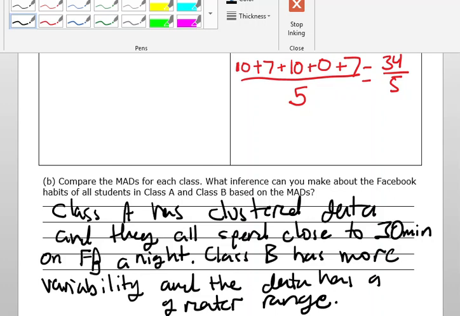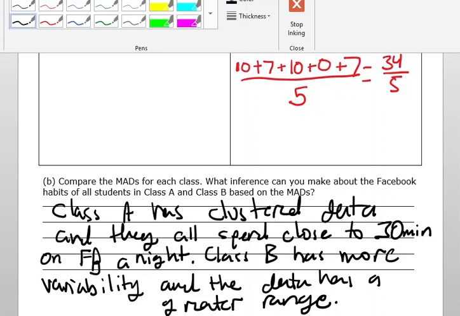So we've been using these mean absolute deviations to compare different sets of data. And we've been comparing different sets of data with basically the same mean and seeing typically one of those sets of data would be clustered and one would be more spread out. But you might be asking yourself, can I use the mean absolute deviation when comparing data even if I don't have the same mean?